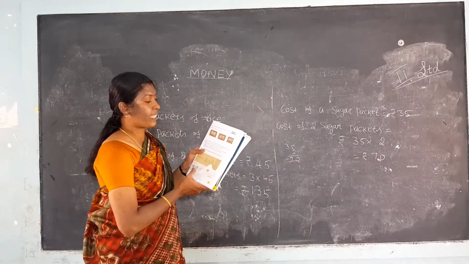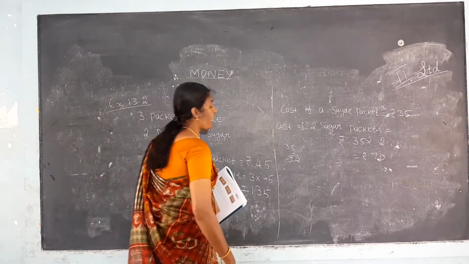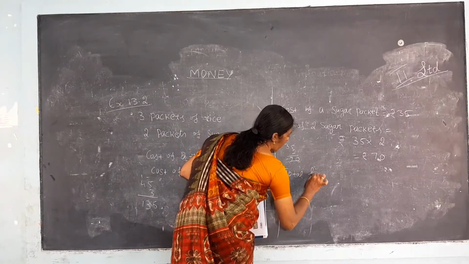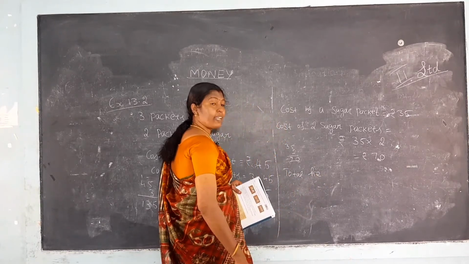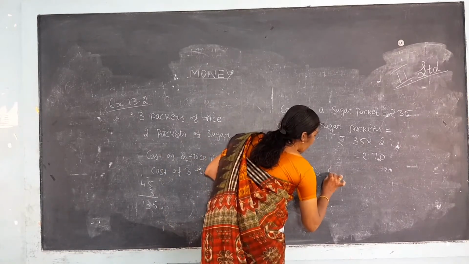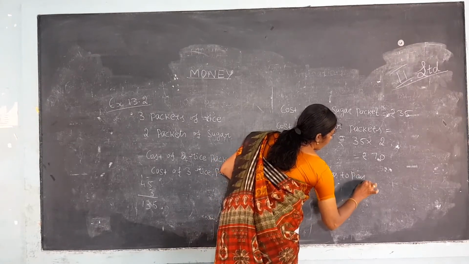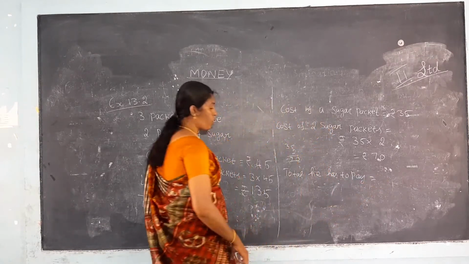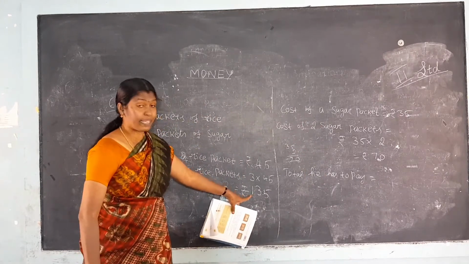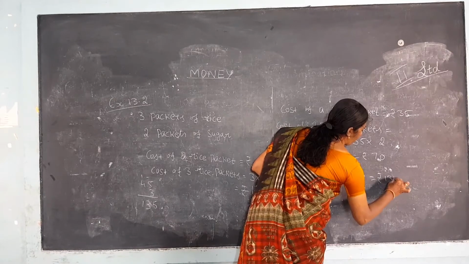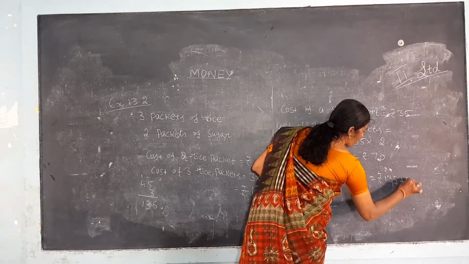Okay, and you see the last one. How much does he pay in total? Okay, the total amount he has to pay. He bought both sugar and rice, so we add the rice packets and sugar packets. How much for rice? 135 rupees, plus how much for sugar?